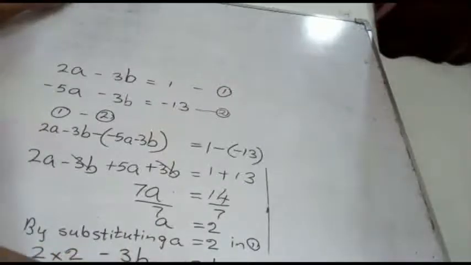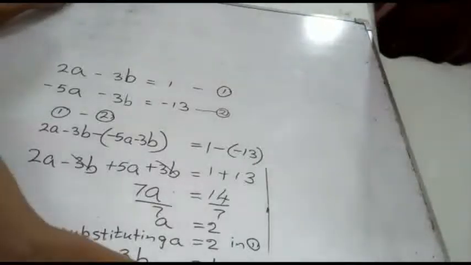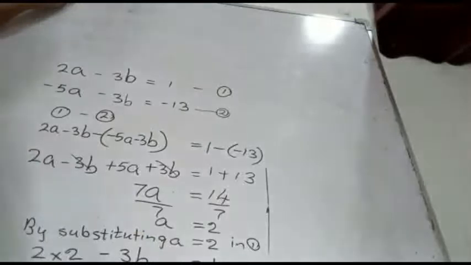Positive 4 is changed to negative 4. 1 subtract 4 is equal to negative 3. Negative 3b is equal to negative 3. Both sides divide by negative 3.